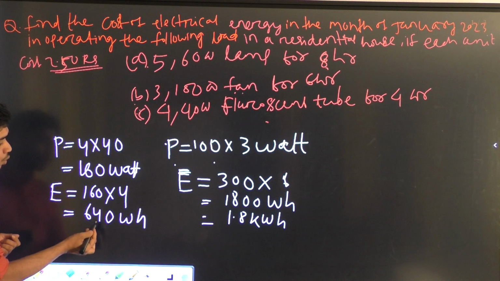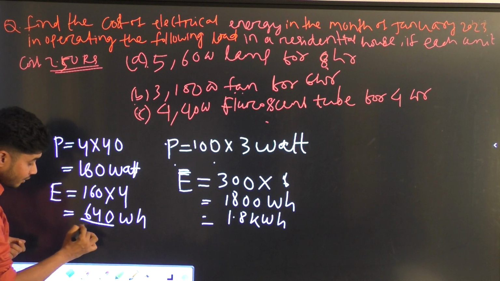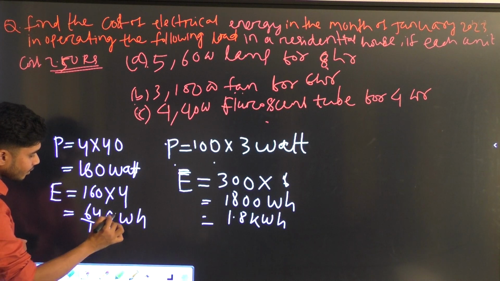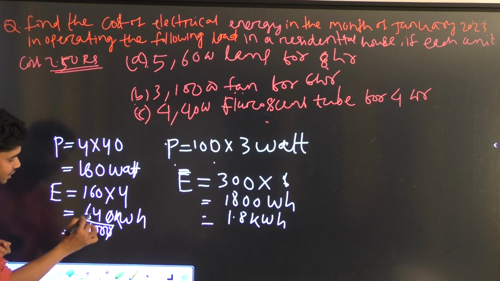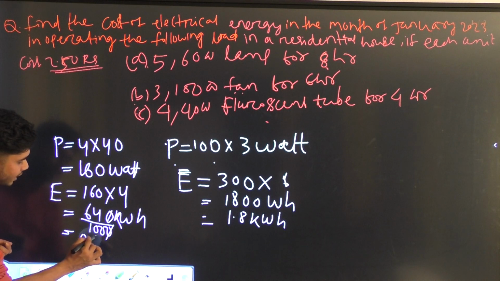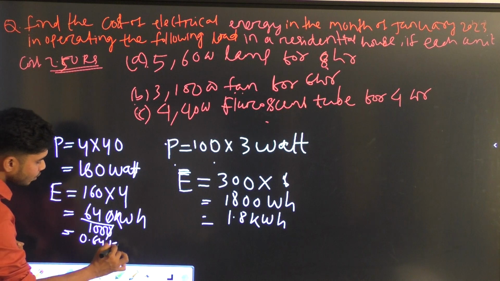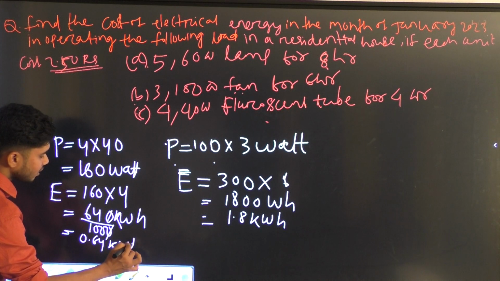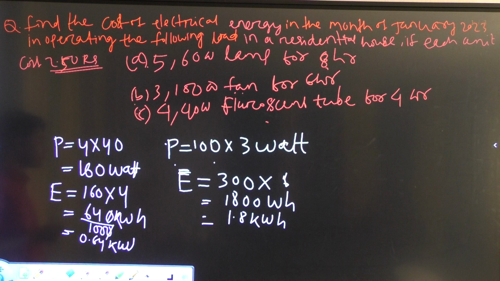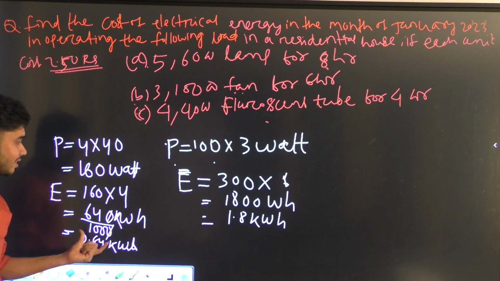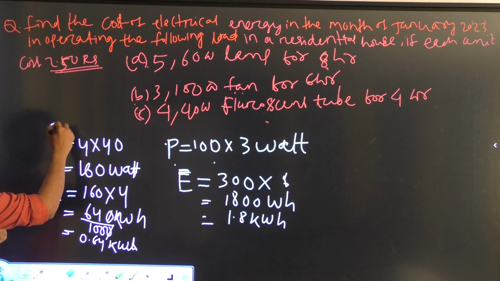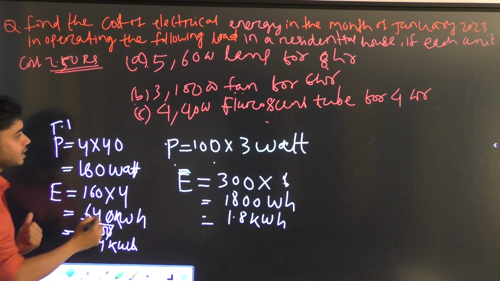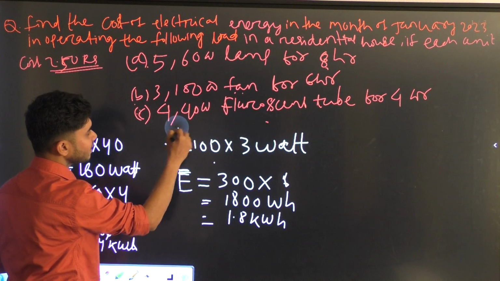To convert it into kilowatt hour, I need to divide by 1000. Cancelling the zeros, 64 by 100 is nothing but 0.64 kilowatt hour. So this is the amount of energy consumed by fluorescent tube. I calculated it for fluorescent tube, and here it is calculated for fan.